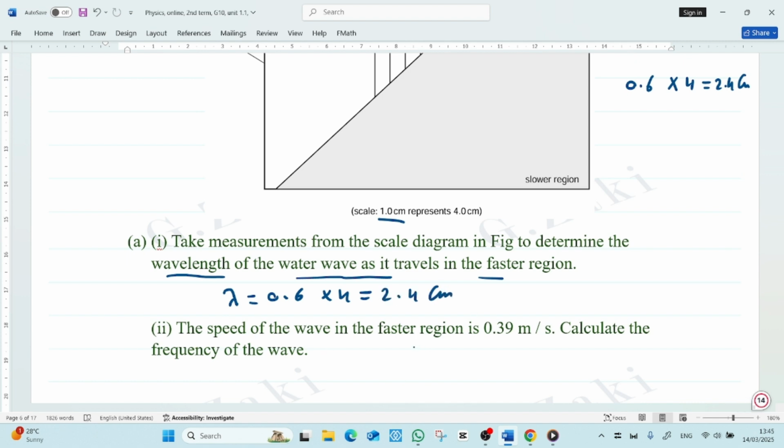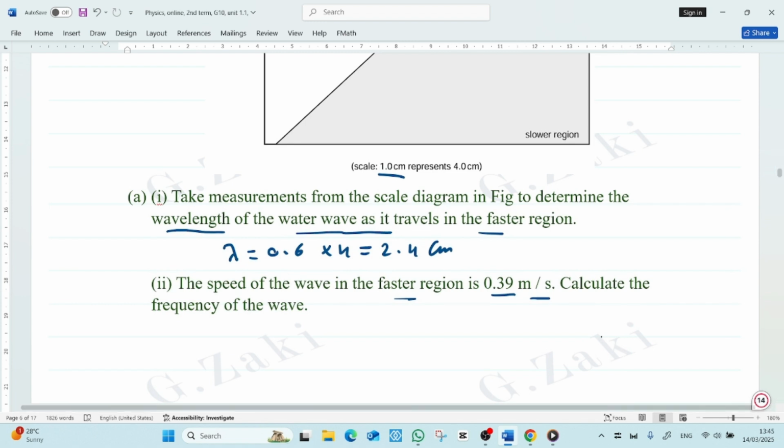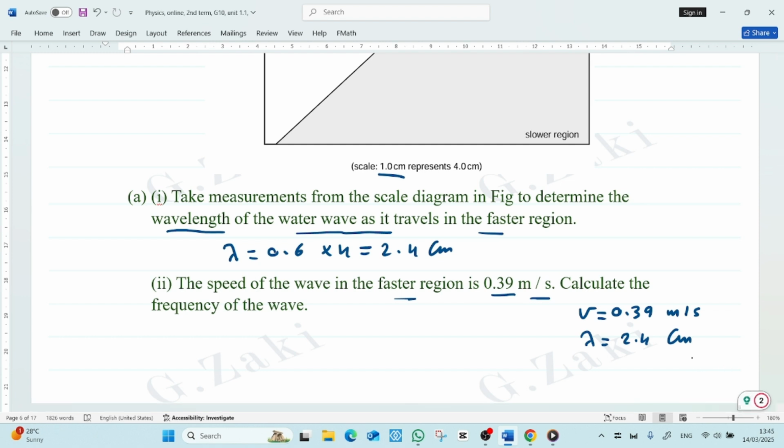The speed of the wave in the faster region is 0.39 meter per second. Calculate the frequency. Now we have different units. The speed equals 0.39 meter per second, but the wavelength is 2.4 centimeter. Then we have to convert centimeter to meter. We divide by 100.